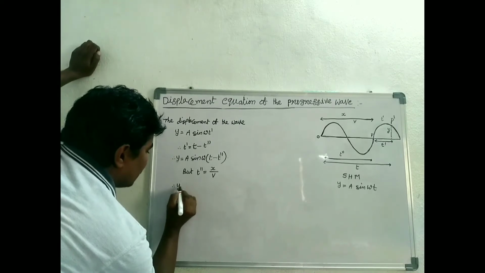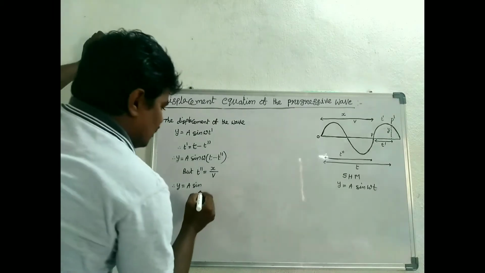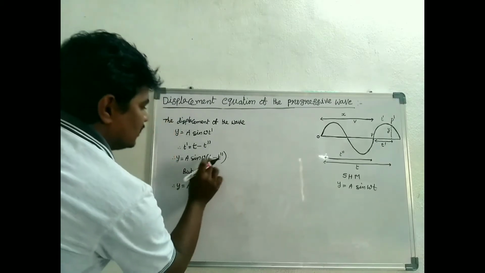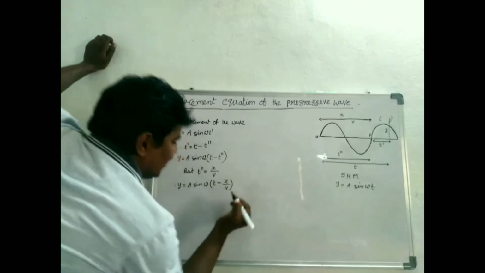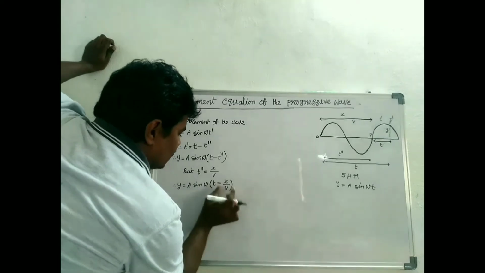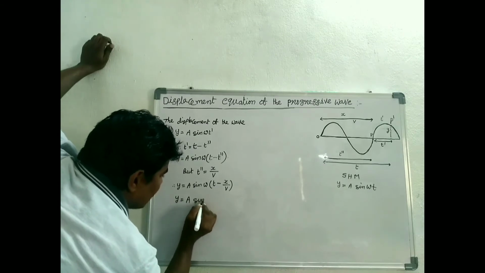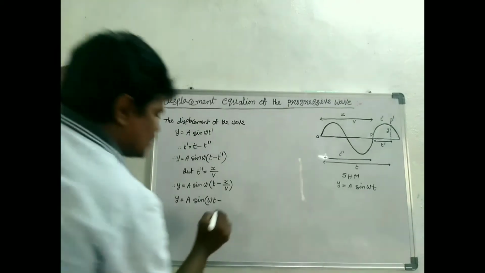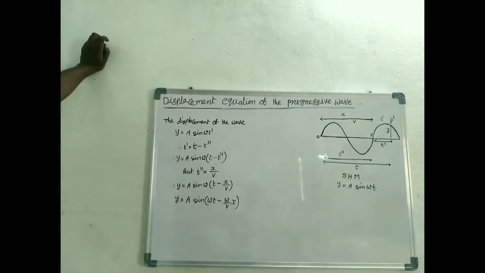Therefore we get y equals a sin omega into t minus t double dash, where we write x by v. We multiply omega by this value. So y equals a sin omega t minus omega by v into x.